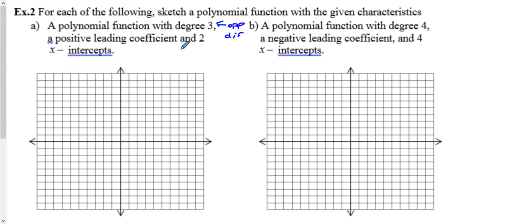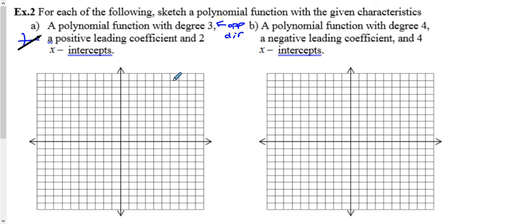A positive leading coefficient, that means you'll go left to right from quadrant 3 up to quadrant 1, because that's a positive leading coefficient, so you're always in a left to right going upwards trend. And 2 x-intercepts.